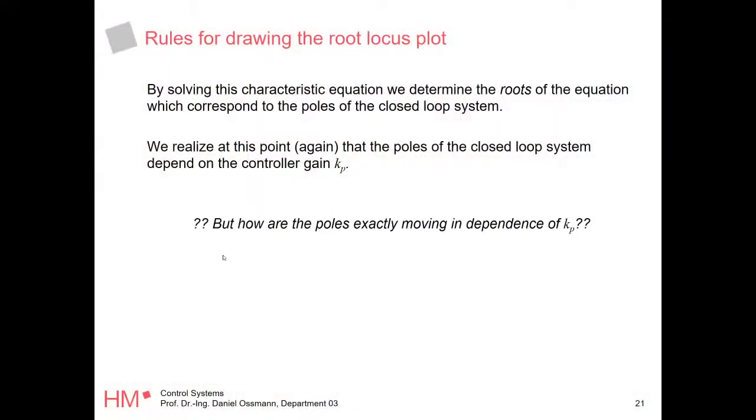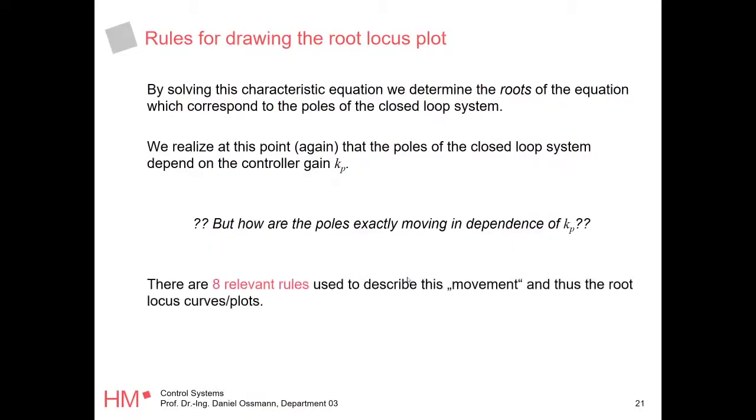The question now for us is how. How do the poles move exactly if we change Kp? Where do they go? Here I'm going to show you 8 relevant rules you need to consider. If you have thought about these rules, you will immediately know where these poles are going, and usually it's pretty straightforward.